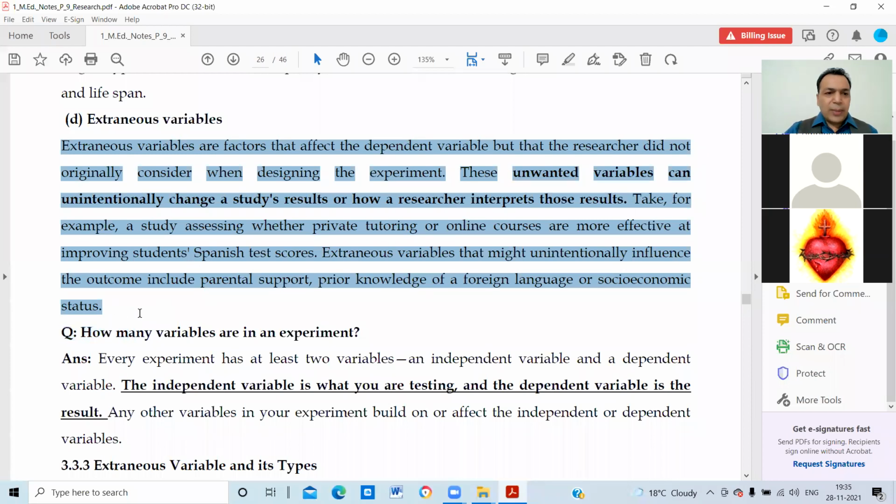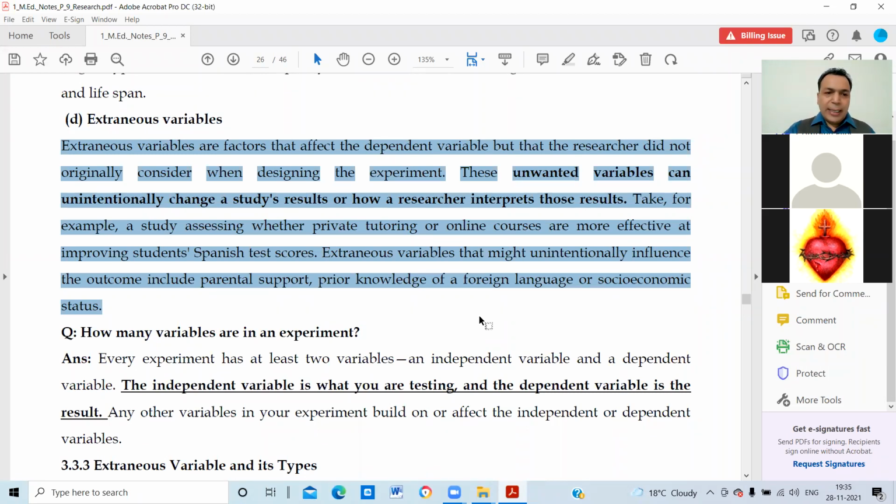Extraneous variables are factors that affect the dependent variable, but the researcher didn't originally consider them when designing the experiment. These are called unwanted variables, and can unintentionally change a study's result or how a researcher interprets those results.